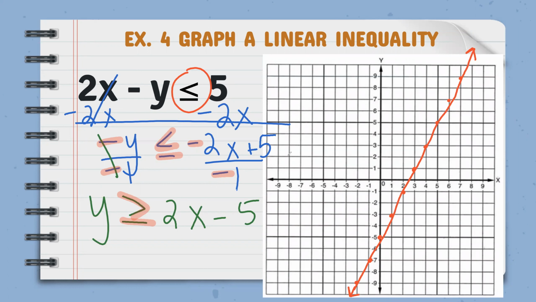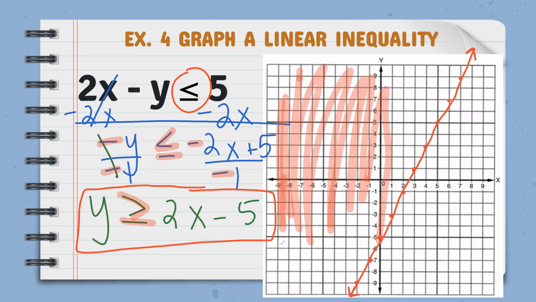And now where am I going to shade, above or below? So looking at this equation, don't look at this one, right? Because if you shade depending on this symbol, you're not going to be right, because y is actually greater than. And so I'm going to go to my y-intercept, which is here, and I'm going to shade everywhere where it's greater than the negative 5, which is all over here.